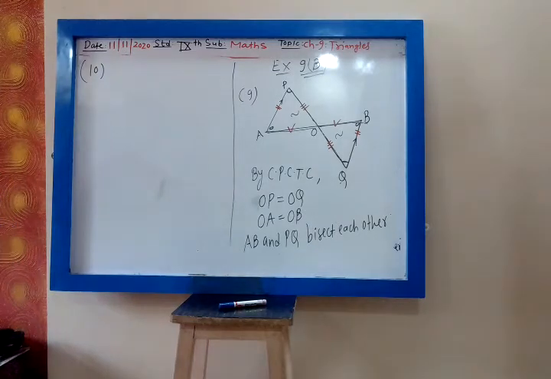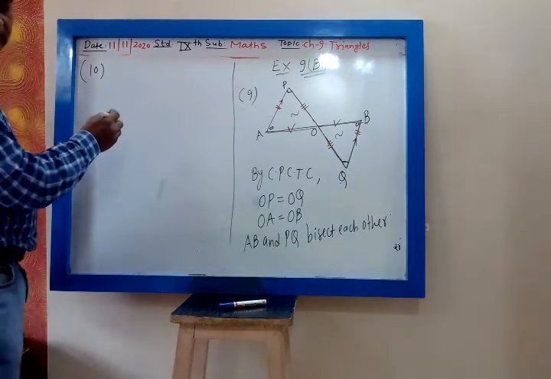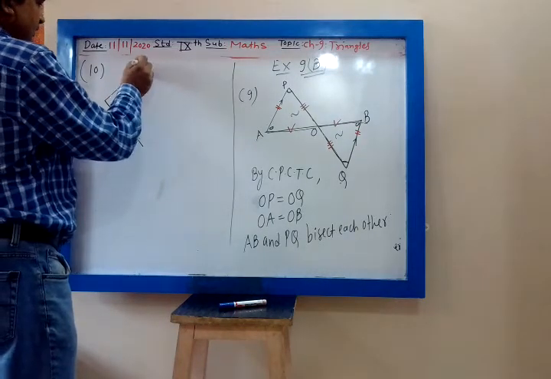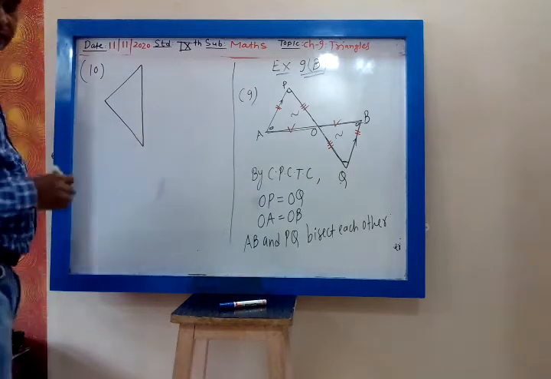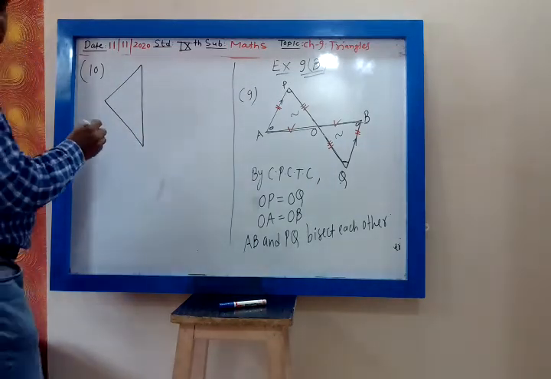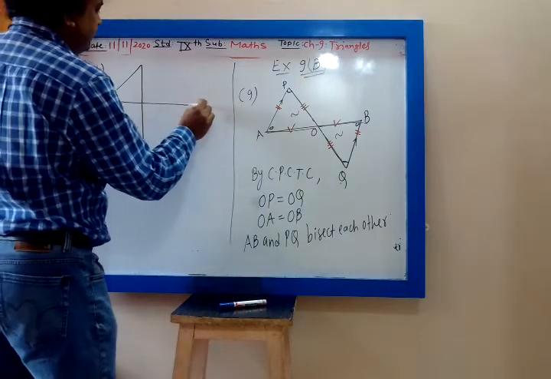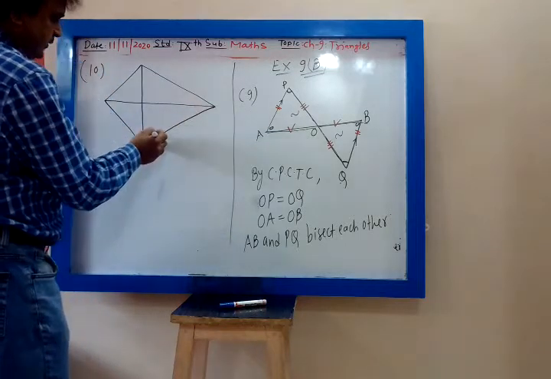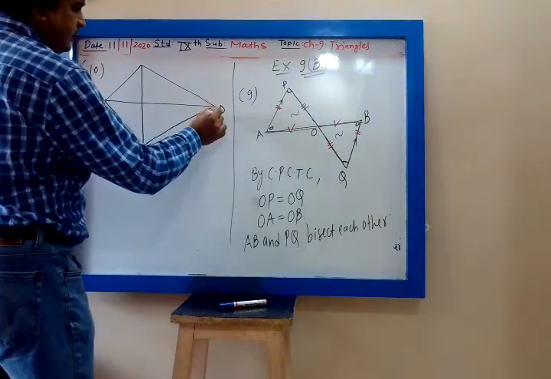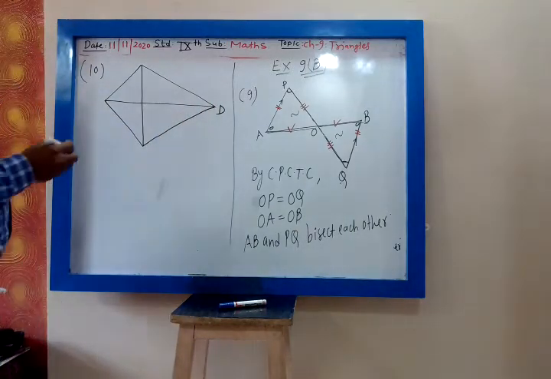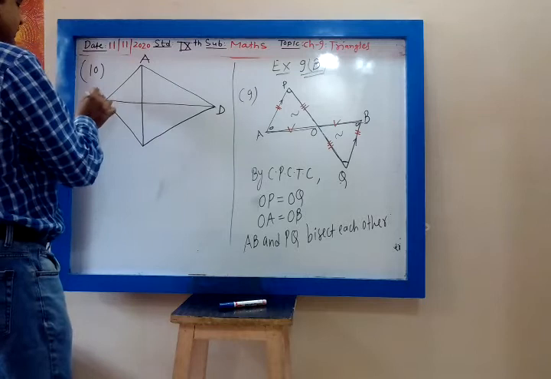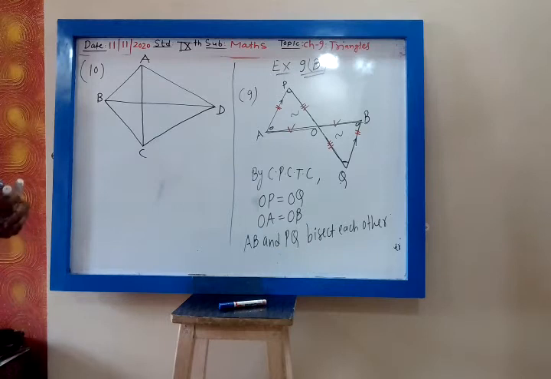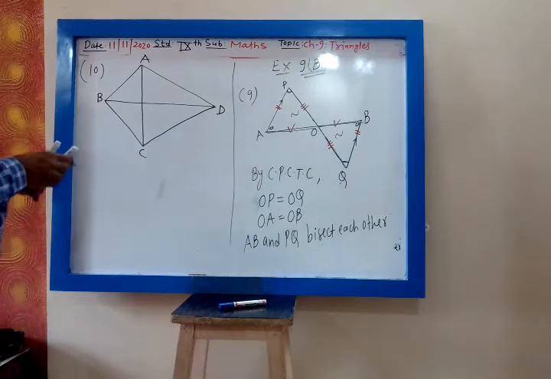The 10th one. In the following figure, we are given the triangle ABC, and this is D. This is B. In the given figure, OA is equal to OC.